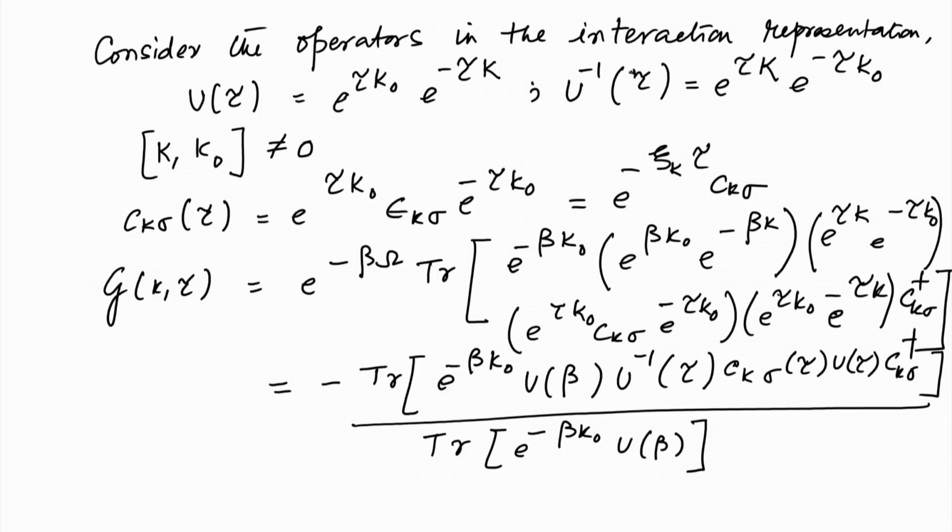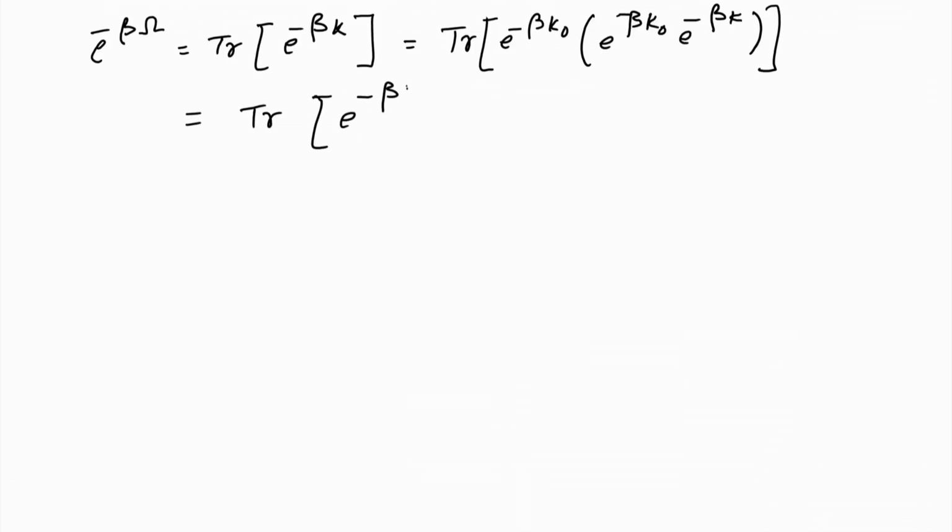So, this is the trace of exponential minus beta K_0 and exponential beta K_0 exponential minus beta K, and this is equal to the trace of exponential minus beta K_0 U of beta.